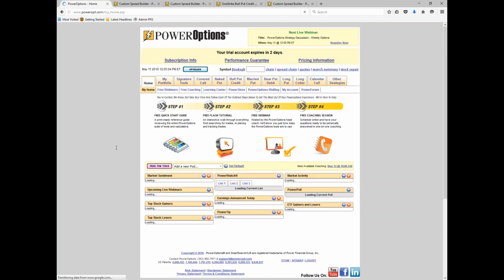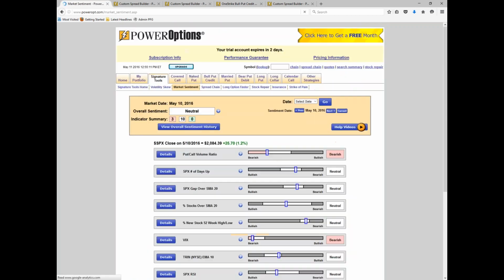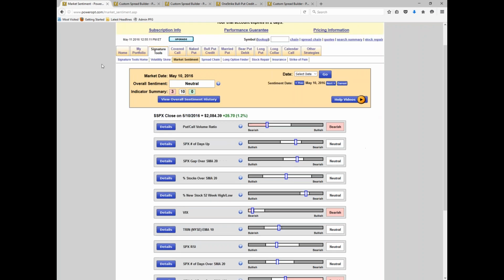One of the tools that we use here, let's go ahead and load that up on the home tool, is the market sentiment tool, which is a collection of 13 broad-based indicators across the market. And three of the indicators are currently bearish: the VIX, the number of days the SPX has been over its 100-day moving average, and the put-call volume ratio have triggered bearish.